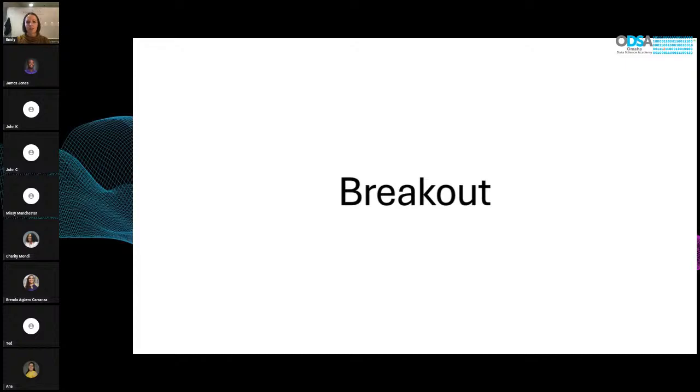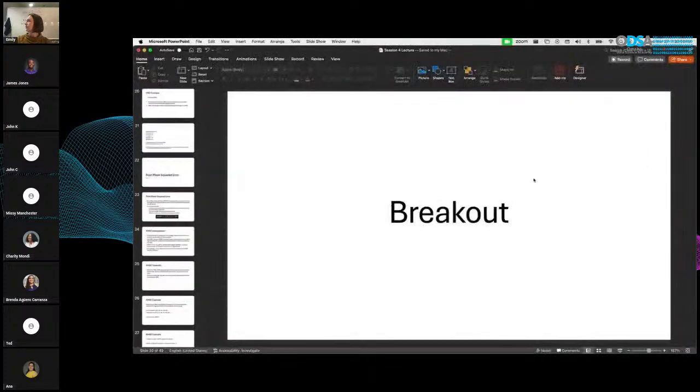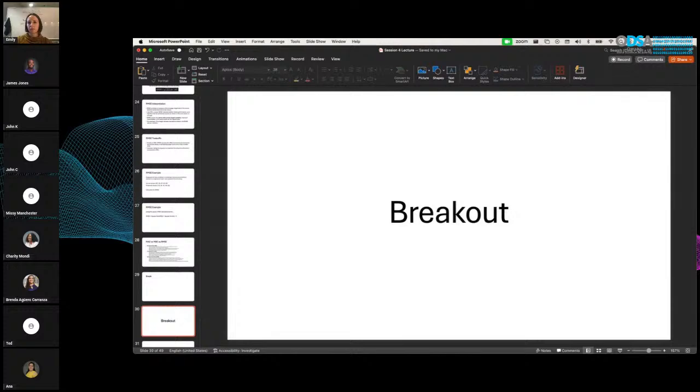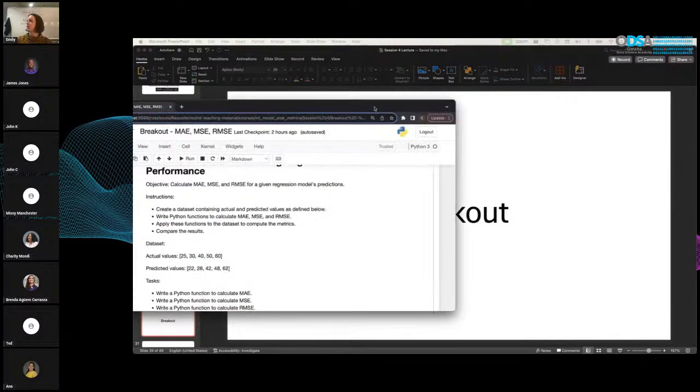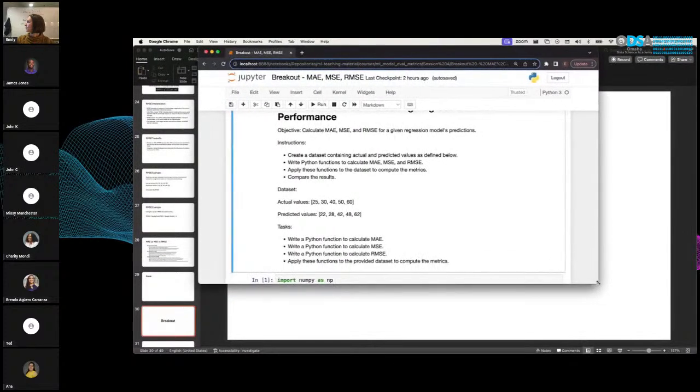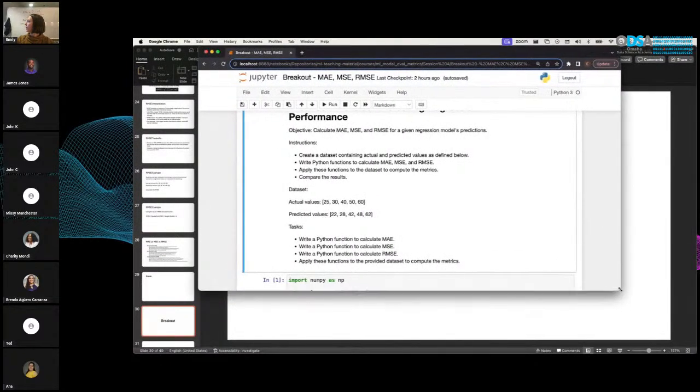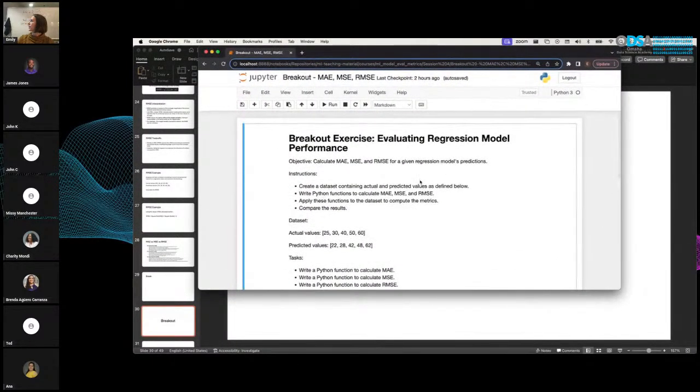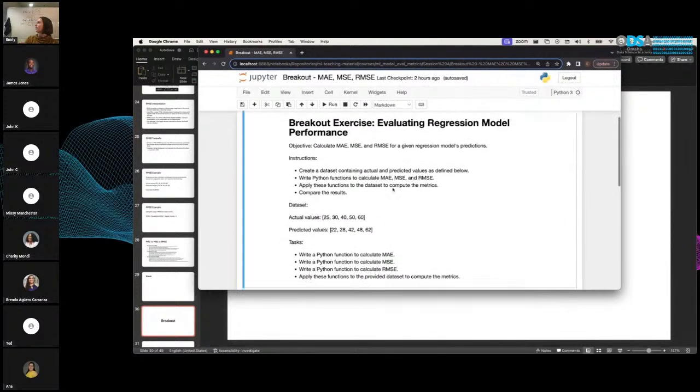In this notebook, what you're going to do is create a data set.